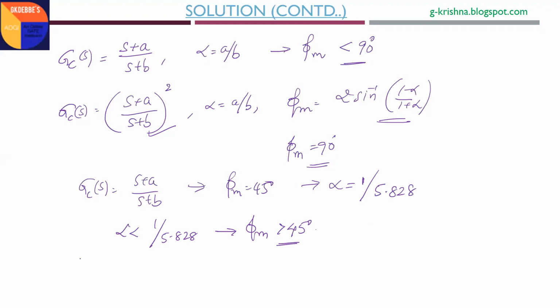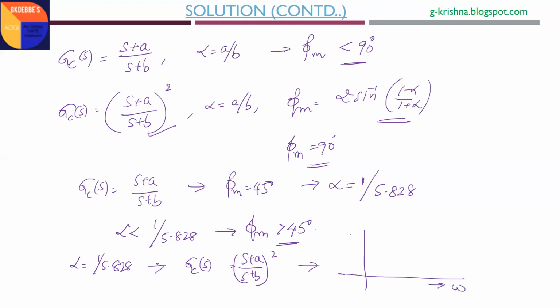Hence, when you select alpha equal to 1 by 5.828, two lead compensators connected in cascade will give a maximum phase shift of 90 degrees.